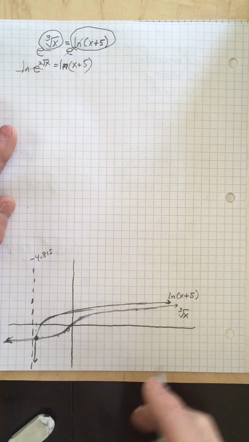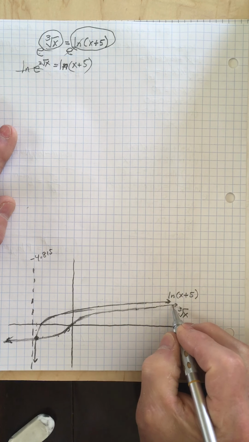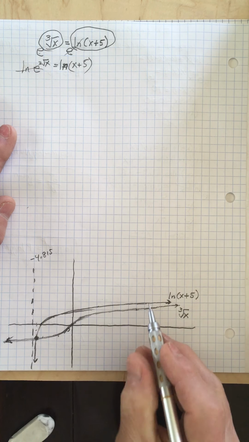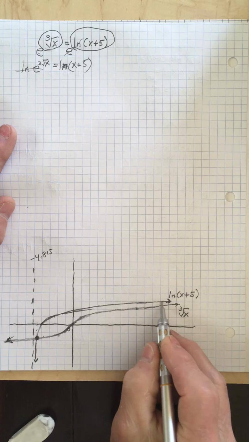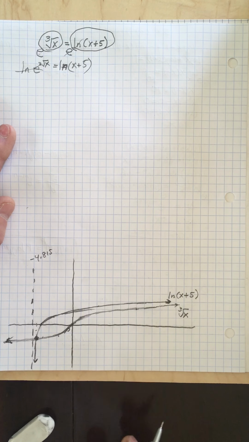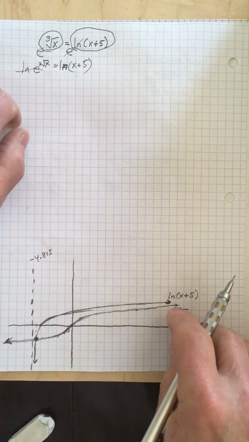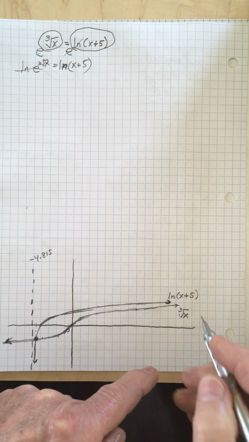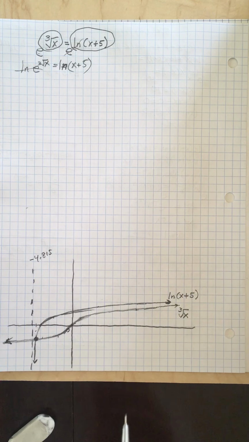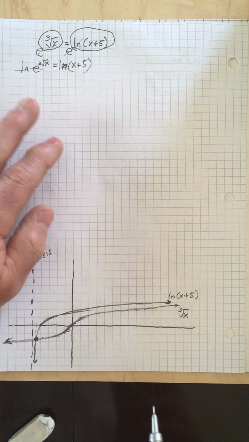Hard to tell what's going on here, but believe it or not, the cube root function is rising a little bit faster than the natural log function here. So what's happening is eventually this one's going to pop up over the top of this one. They're going to cross. That's going to be your second solution.